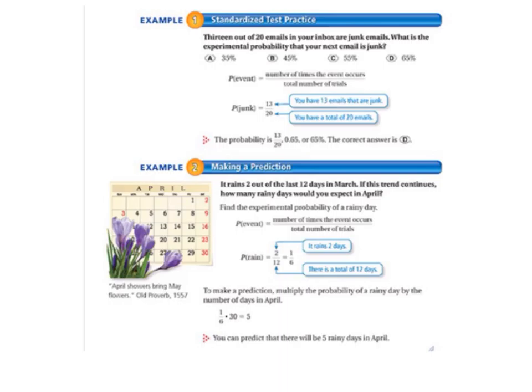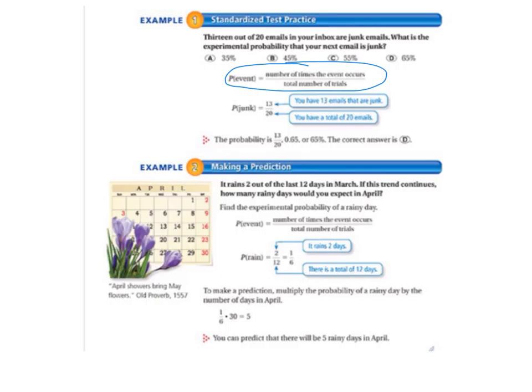Example 1 is standardized test practice. 13 out of 20 emails in your inbox are junk emails. What is the experimental probability that your next email is junk? So, in order to figure that out, the probability of that event is the number of times the event occurs divided by the total number of trials.